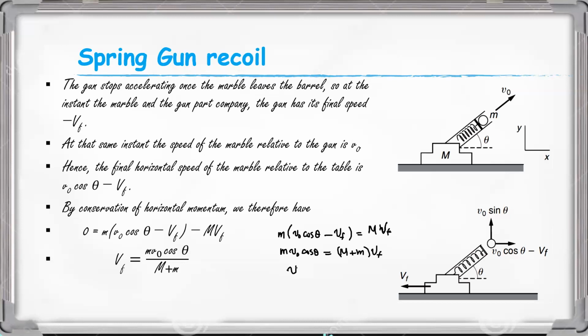So Vf must be equal to m V0 cos theta divided by M plus m. This is the recoil velocity of the gun.